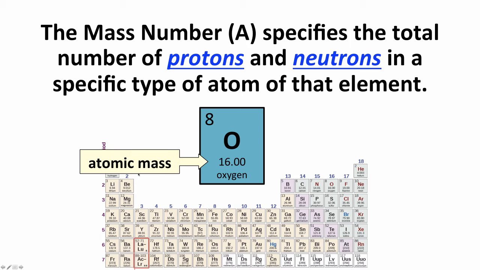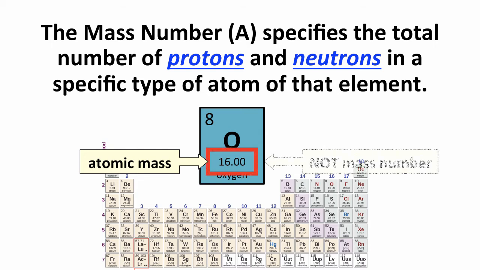We'll talk in a little more detail about that in a moment. It is not the same as a mass number, but it's sort of close-ish to that. So note that the 16 for oxygen, 16.00, is atomic mass, not exactly mass number.